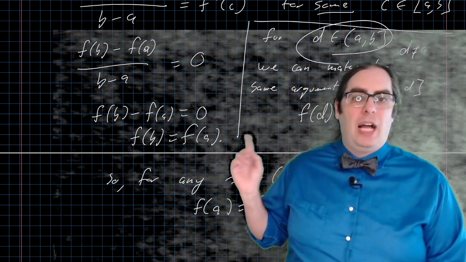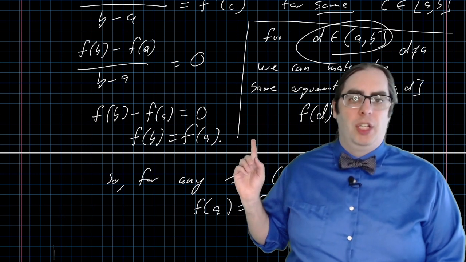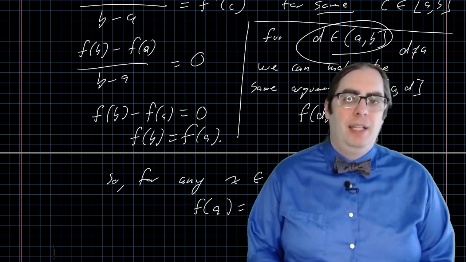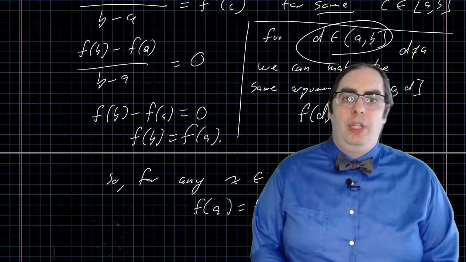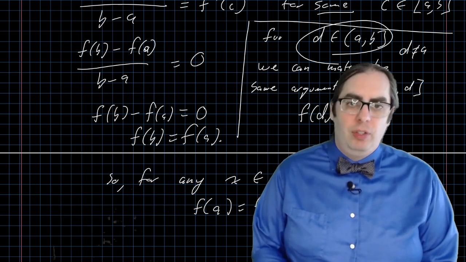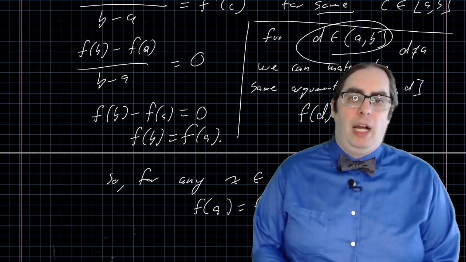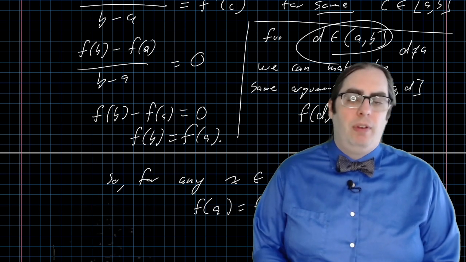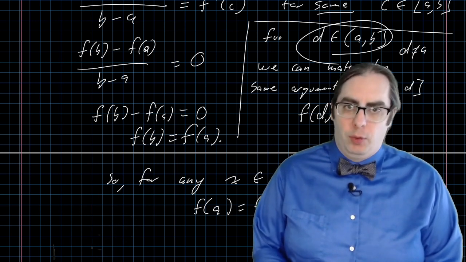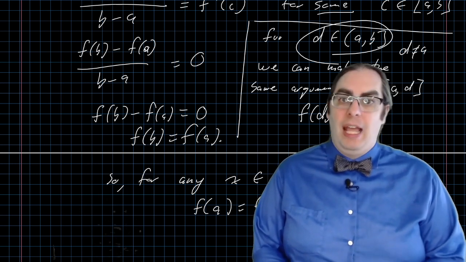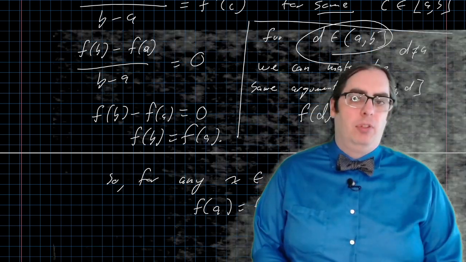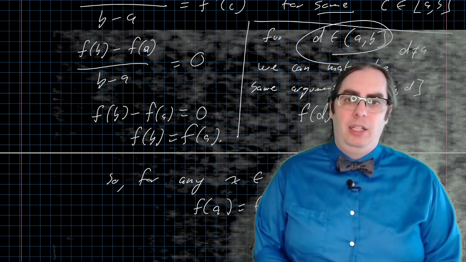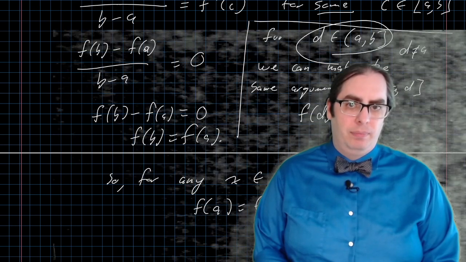But it relies on this logic. It relies on this idea that not only the derivative of a constant is 0, but when the derivative is 0, it had to have been the derivative of a constant. That fact is going to make our lives so much easier a little bit further down the road.